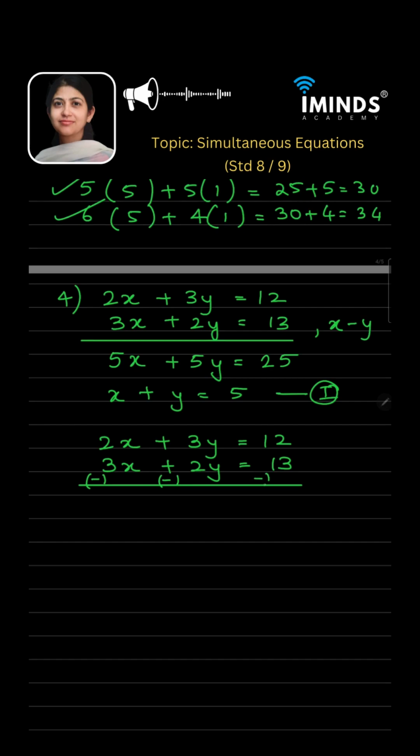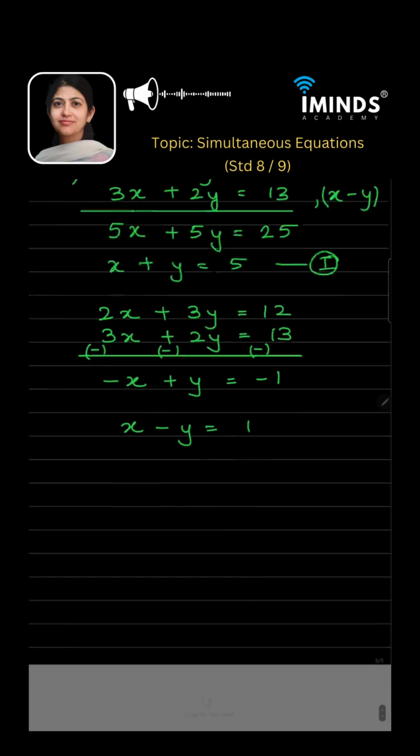Okay, so what will happen, 2x minus 3x will give you minus x, 3y minus 2y will give you plus y, is equal to 12 minus 13 will give you minus 1. Correct, so what you got now, minus x plus y is equal to minus 1. So उसका मीनिंग क्या होता है, x minus y is equal to 1. You just change the signs, opposite कर लो, तो x minus y is equal to 1. So हमको आंसर मिल गया, x minus y चाहिए था ना हमको, हमारा क्वेश्चन था, तो x minus y is 1.